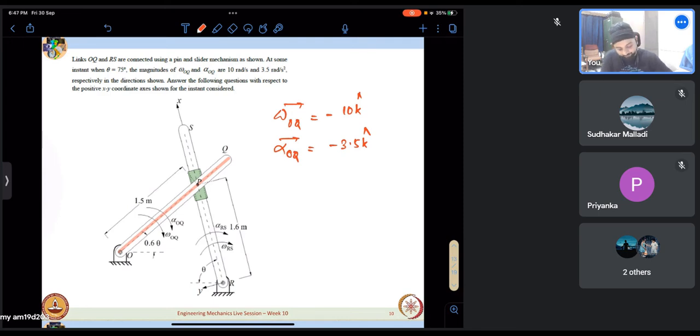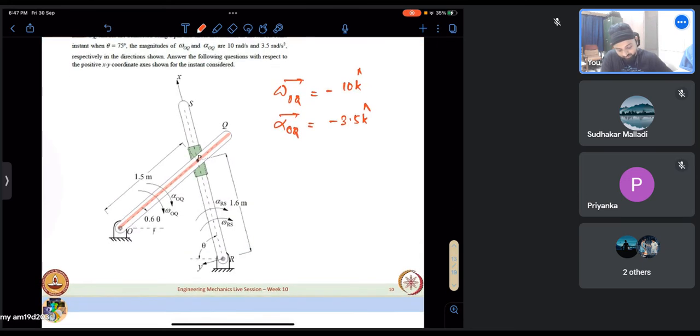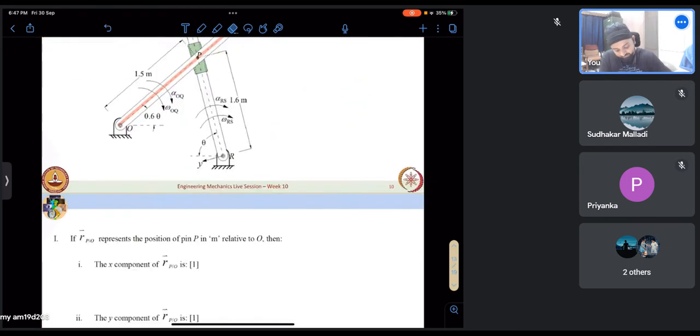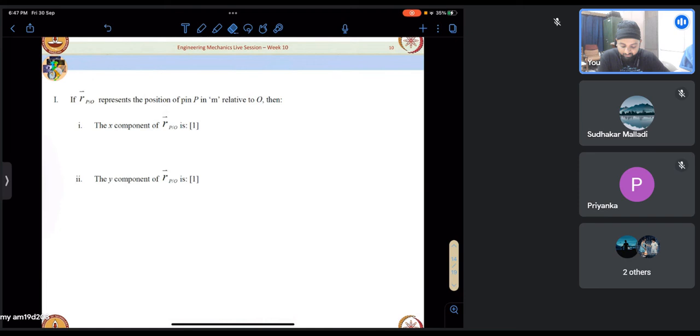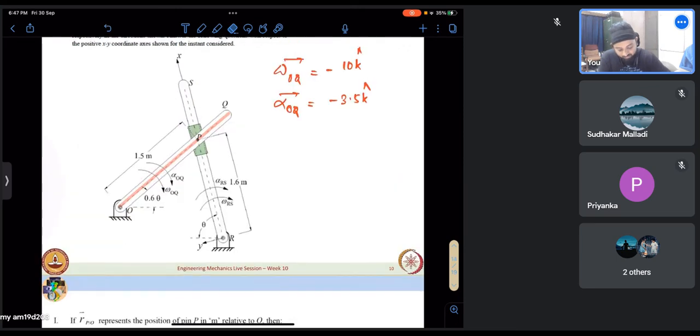Okay. So, all right. Let us look at the first question. It says if RP with respect to O represents the position vector of pin P relative to O. So this is the vector we are talking about. This we have to express in X and Y.